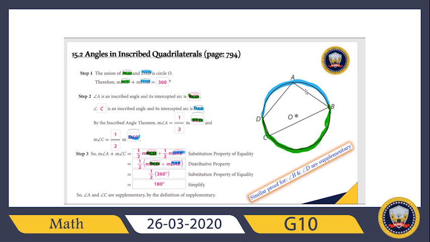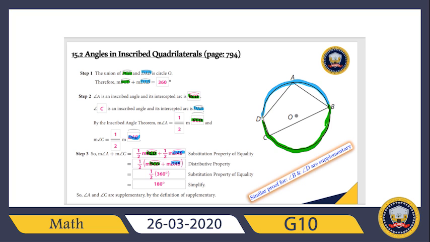Now, we know that the measure of the inscribed angle equals half of the measure of the intercepted arc, right? So the measure of the angle A equals 1/2 the measure of BCD.